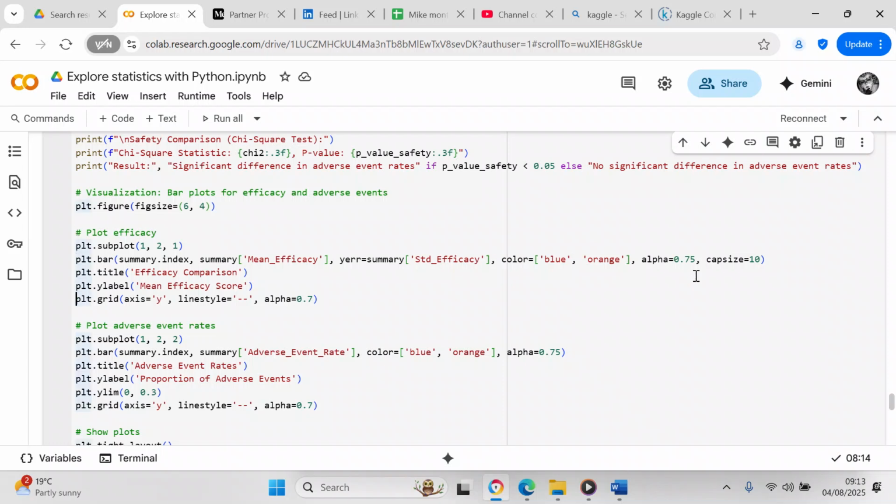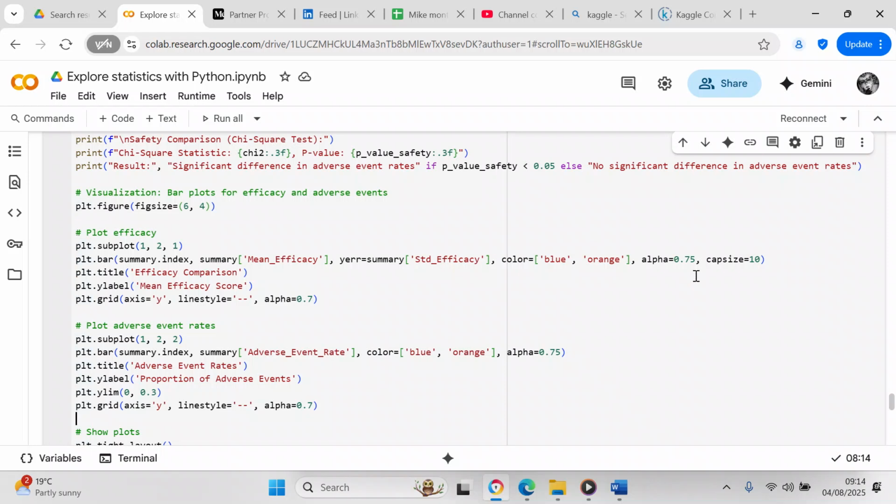So now we're going to plot the adverse events. plt.subplot(1, 2, 2). plt.bar, indicating it's a bar chart, (summary.index, summary['adverse_event_rate'], color=['blue','orange'], alpha=0.75).